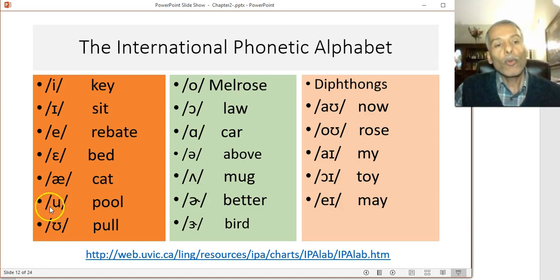The shorter form of ooh is oh. The shorter form of ah is this sound. And this sound is what is found in the British English pronunciation.